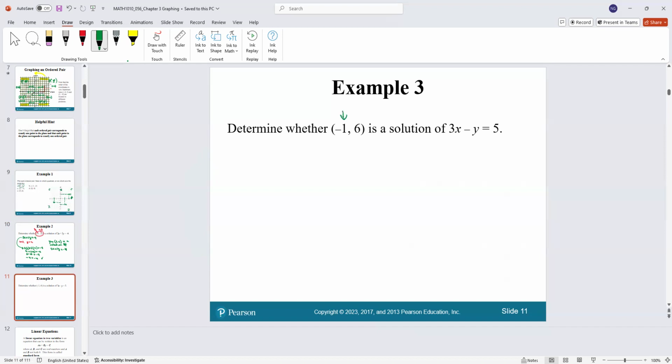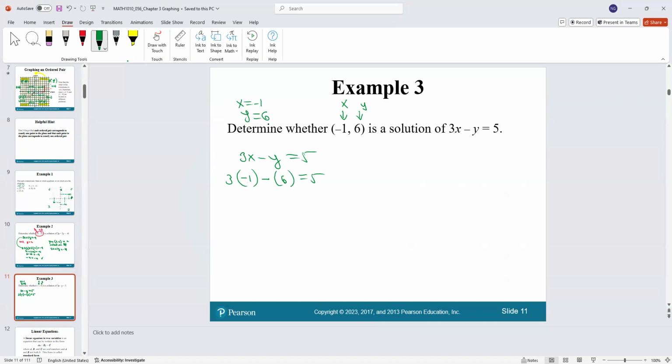If we have x equals negative 1 and y equals 6, in 3x minus y equals 5, we're going to verify if the left side equals the right side. So 3 times x, that means 3 times negative 1 minus, you see, I put a parenthesis, 6. I prefer you always put a parenthesis just in case you don't master your operations on signs sufficiently.